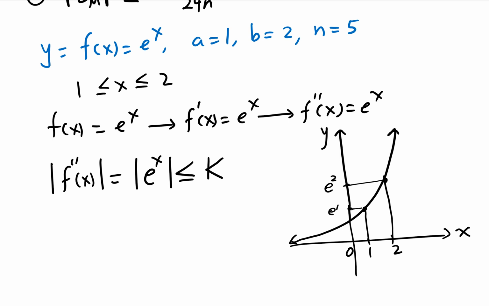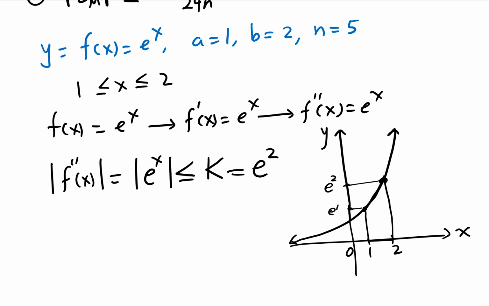Over this interval 1 to 2, what's the highest value the graph could reach? What's the highest value? e squared, right? So this is e squared. That's the maximum value.